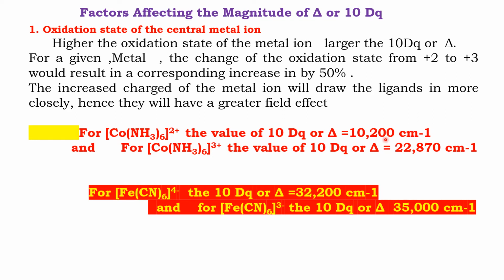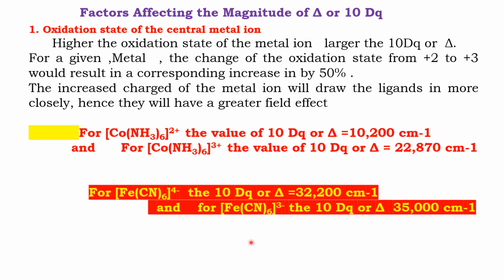That is the energy gap between the T2g level and the Eg level. For the second complex, the oxidation state is +3, and the value is 22,870. That means when the oxidation state increases from +2 to +3, the 10 Dq value increases by about 50%.